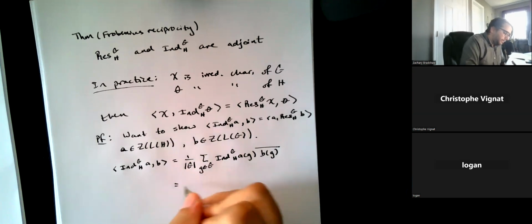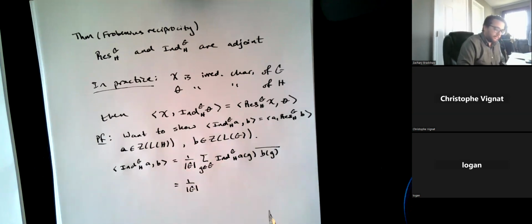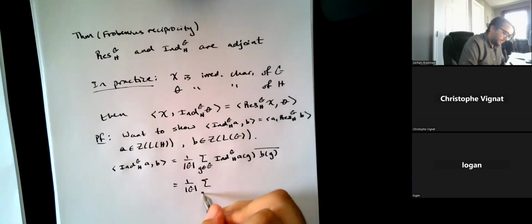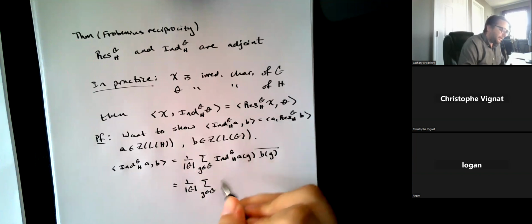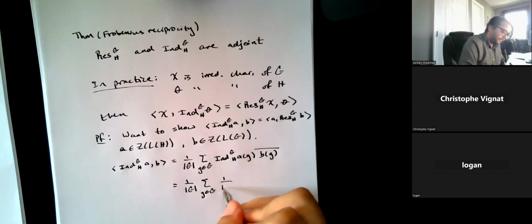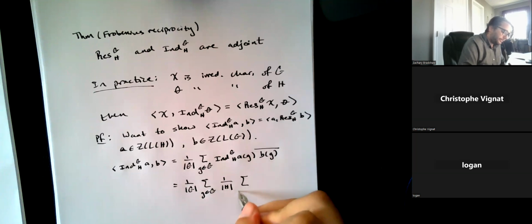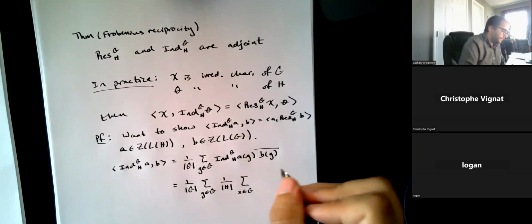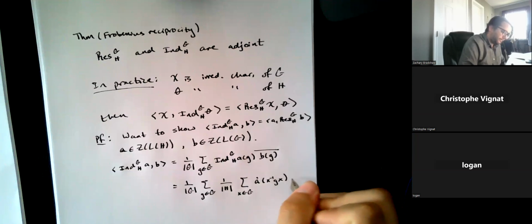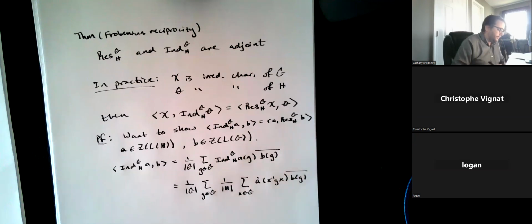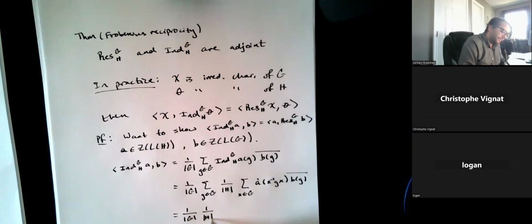And this is equal to, good. So now I'm going to apply the definition of the induced map. Okay, and now I'm going to go ahead and switch the order of the summation. I'll take both of my constants out here.